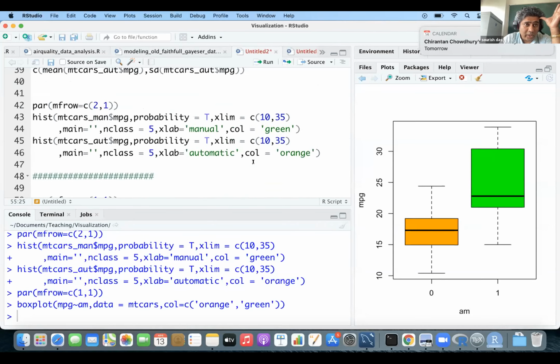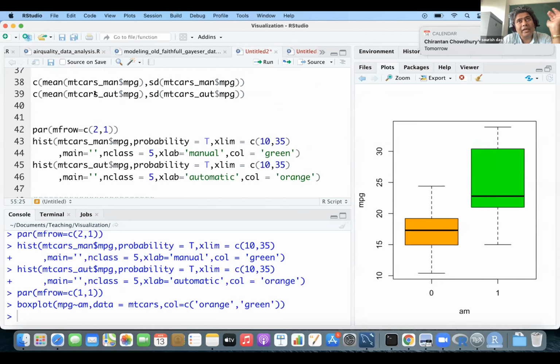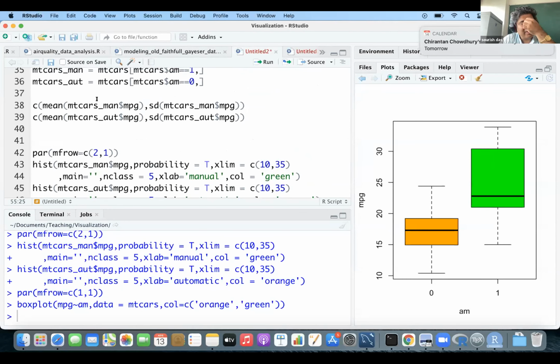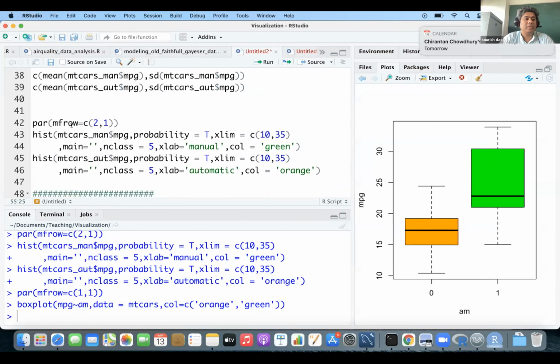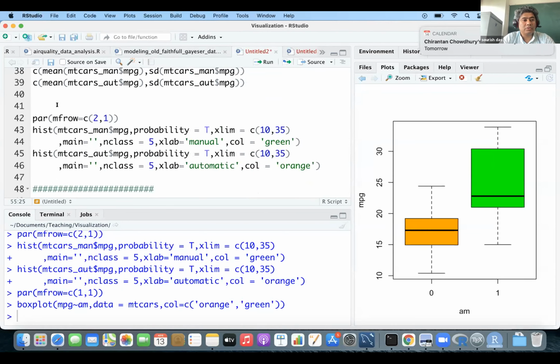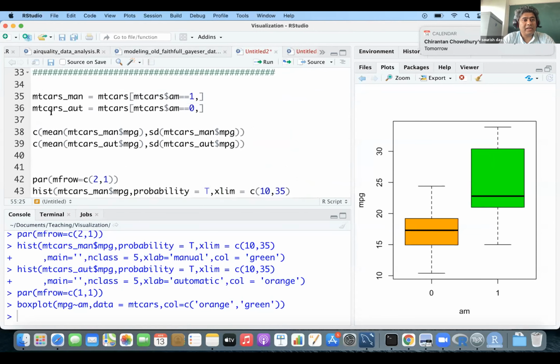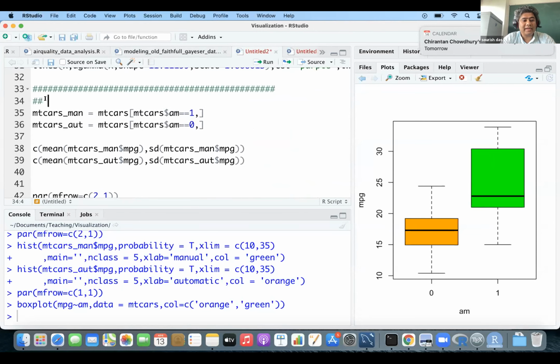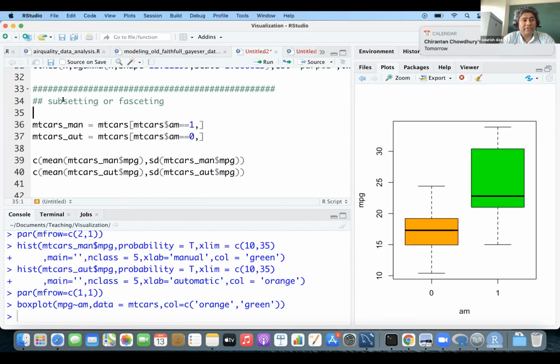And when I'm doing this kind of subsetting of the data, sometimes it's called faceting. So subsetting or faceting, simply facet, subset or facet.